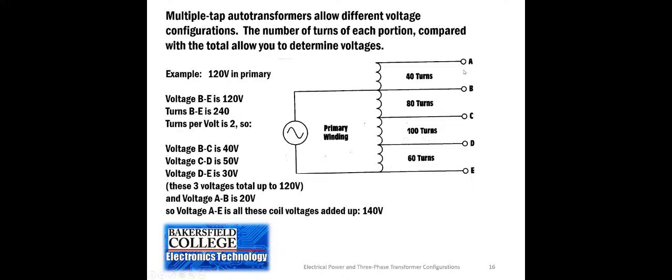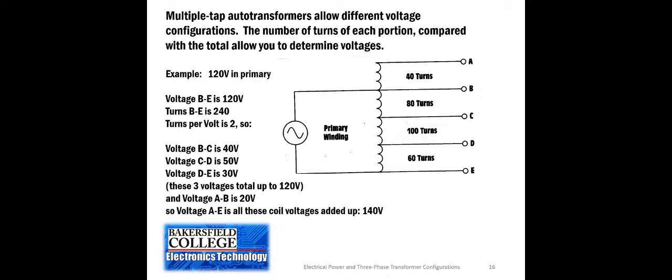The voltage between A and B is 20 volts. So if I have 120 volts going in, but I connect the output between A and E, then I have 140 volts. So that creates a step up transformer. Again, it all has to do with the number of turns between the taps that I'm connecting to.